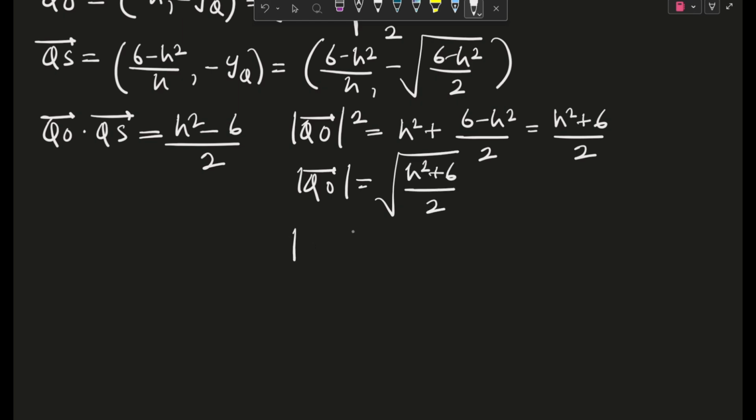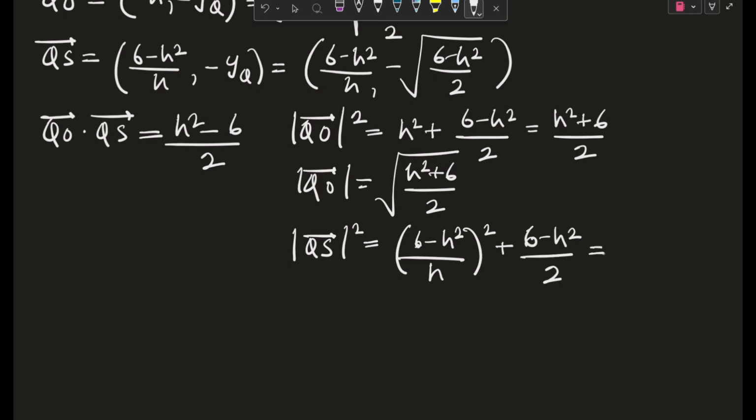Next thing, if we find out your mod QS vector square, this thing will come out to be equal to 6 minus H square, this whole divided by H whole square, and same thing again, plus YQ square. So YQ square is 6 minus H square by 2.